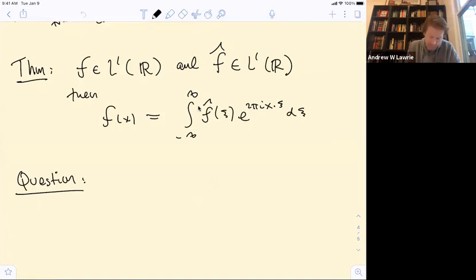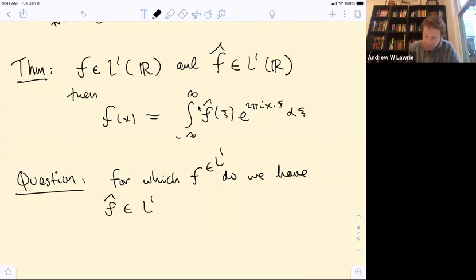One question is, for which f in L1 do we have f hat in L1 as well? Remember, the theorem we proved for Fourier series wasn't necessarily super useful, right?